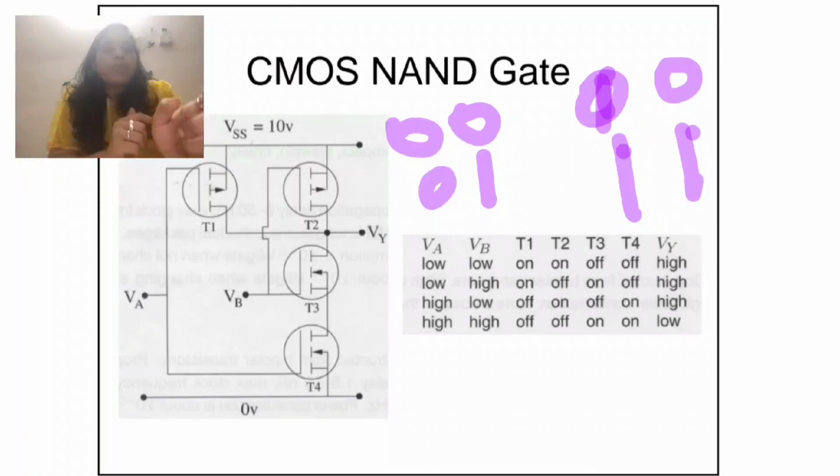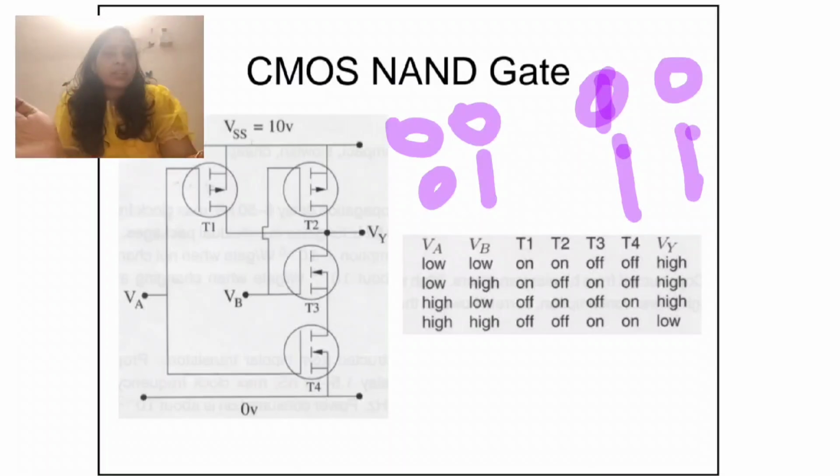First, I'm going to pass these voltage values into the circuit. Low means both are 0, that means off position. If both values are off, then terminal 1 and 2 are on.